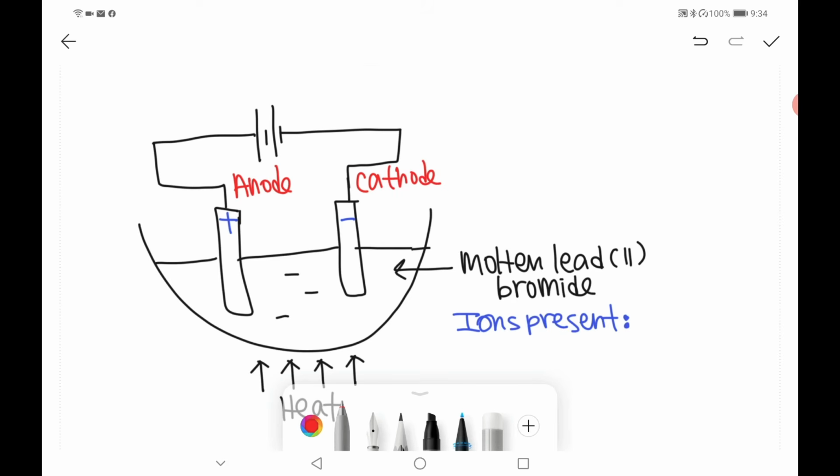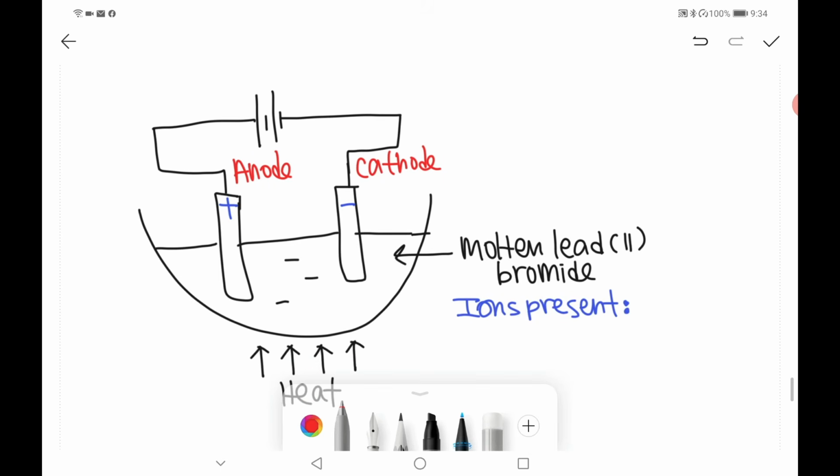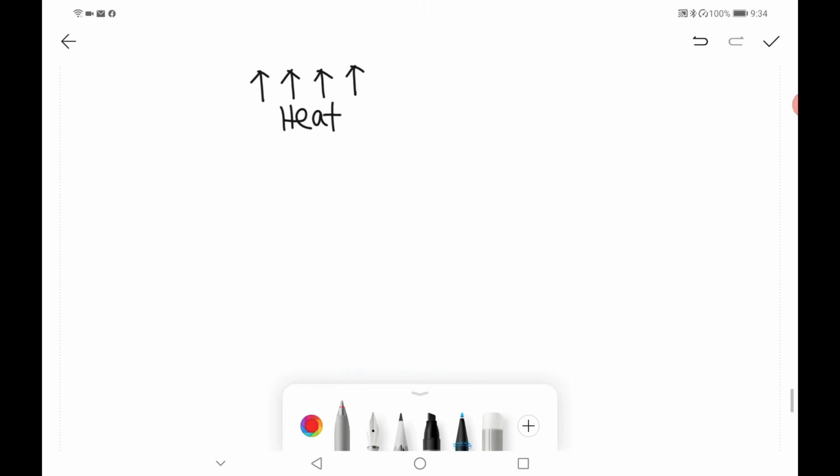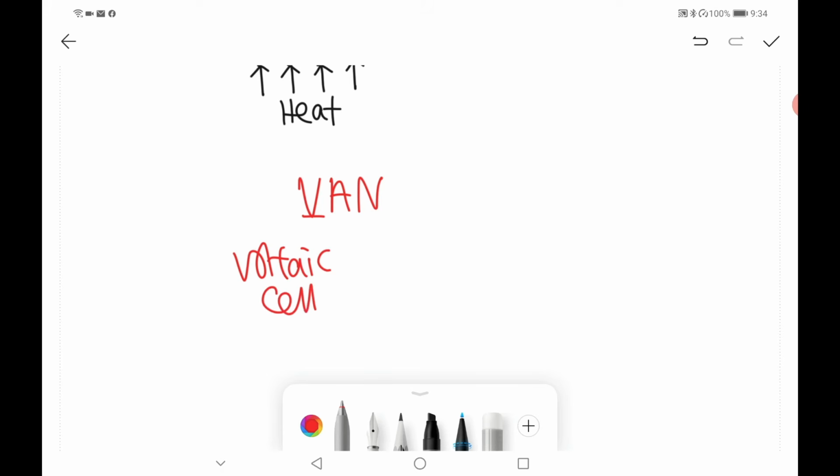So remember, if it's very hard for you to memorize, you can do it in this way. You can see VAN: V is Voltaic Cell, A is anode, N is negative terminal. So how do we use this to predict?